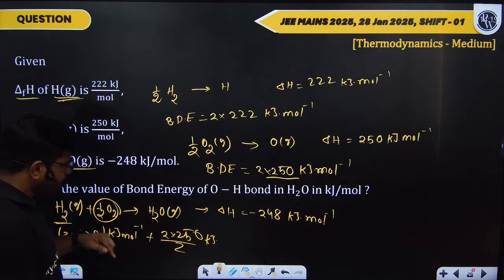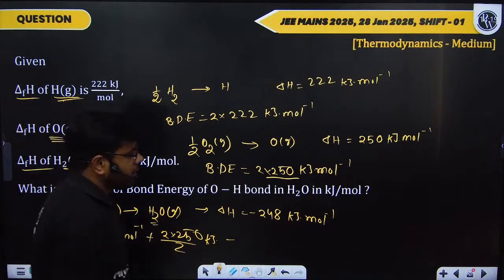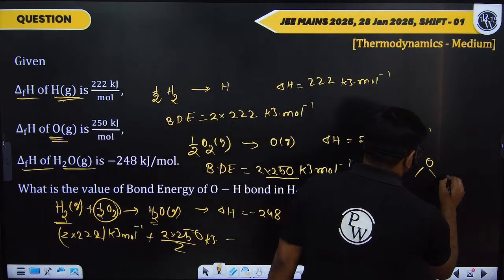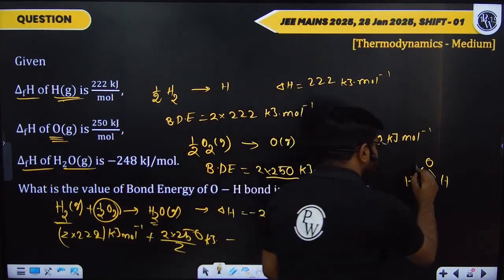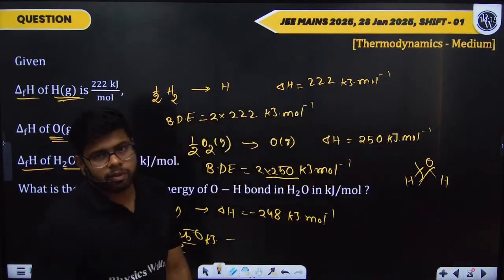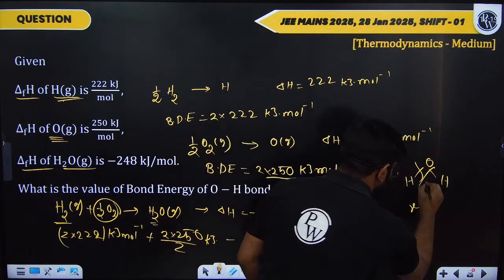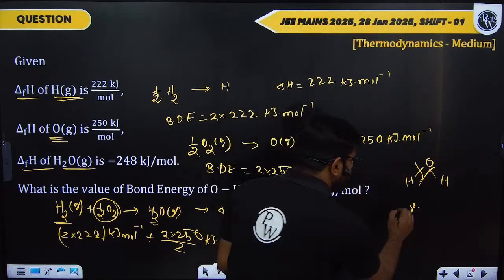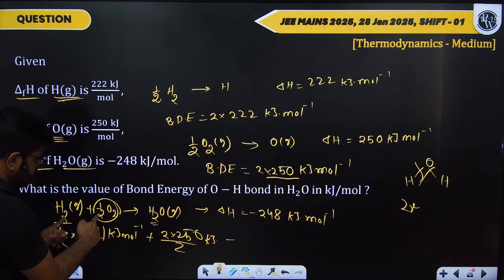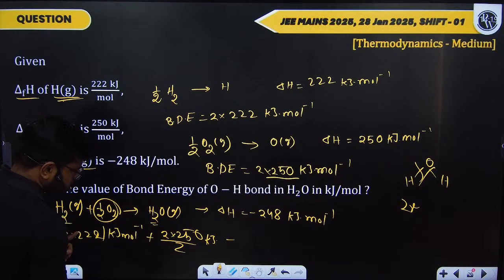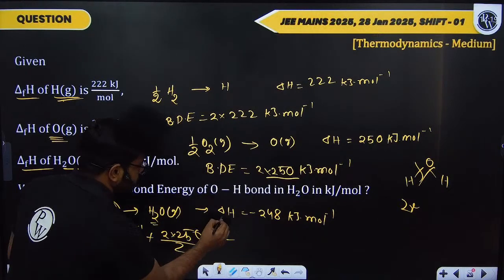Then I need to subtract the bond energies of H2O. Now in H2O, how many bonds are there? 2 there. That means the O-H bond energy is X. Because we break bonds here, energy is absorbed. In this case, bonds are formed, correct?